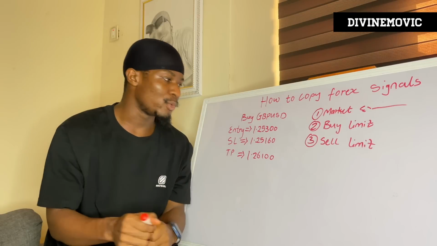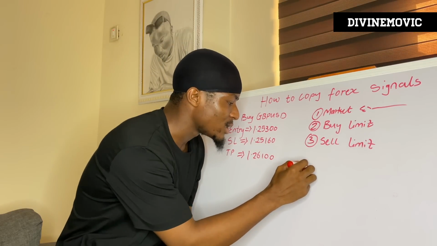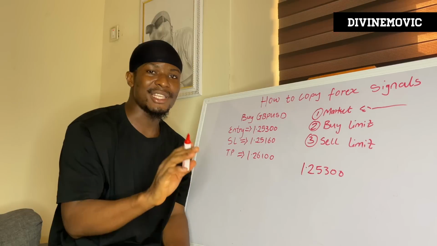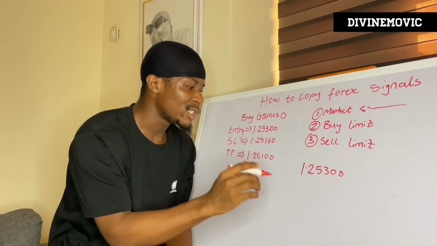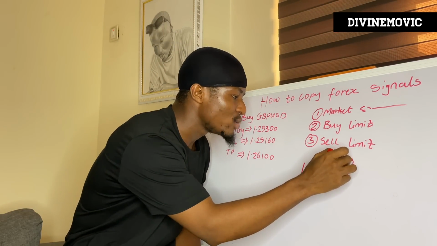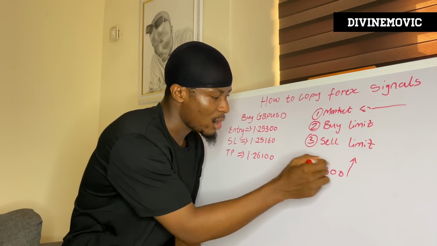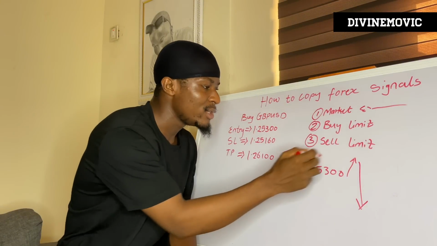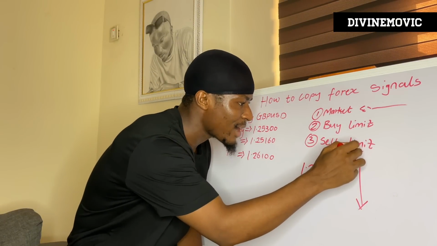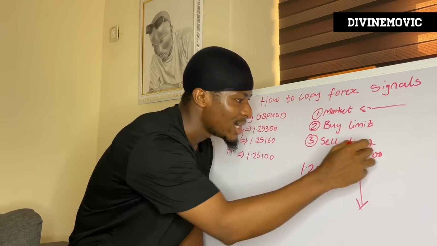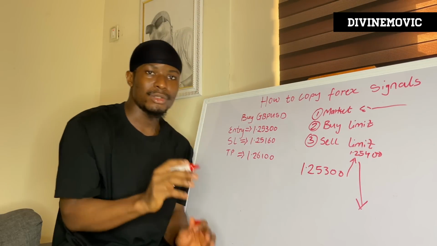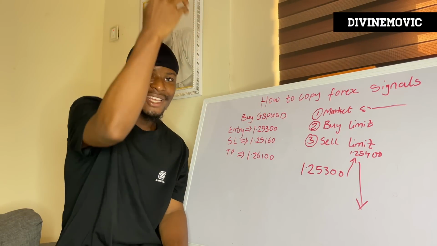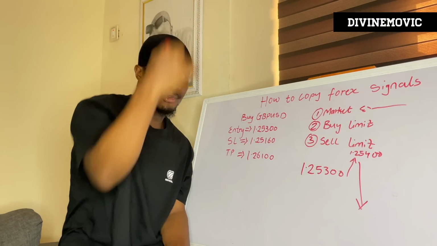Let me give you another example. Let's, for instance, say price is currently at 1.25300 and you want to put a sell limit. Now, you are simply going to put a sell limit and say, okay, if price gets to this point, above the current price, I will likely want to sell. For instance, if price gets to 1.25400, I want to sell. So that is referred to as sell limit. You are selling from a higher price above the current price.